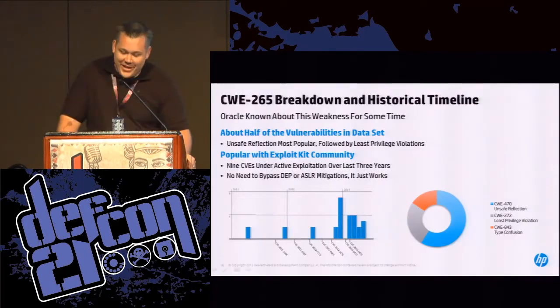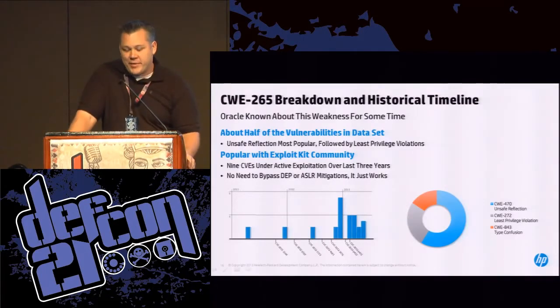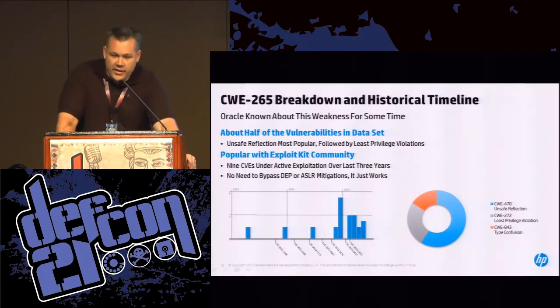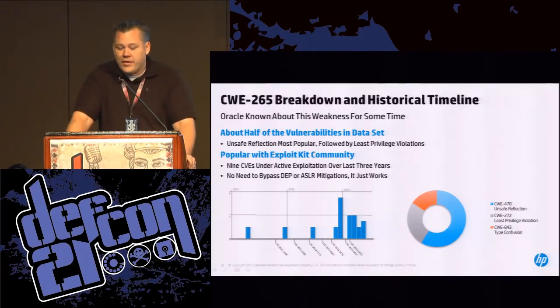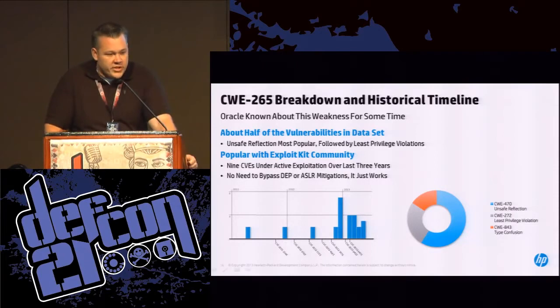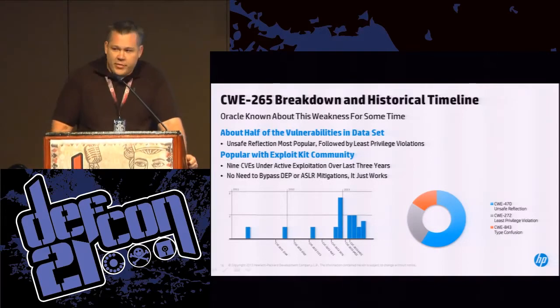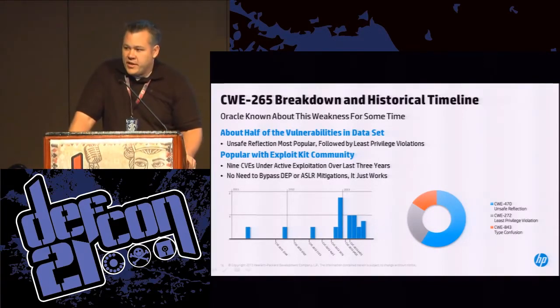All right. So we take a look specifically at the sandbox bypass issue. Those accounted for half of the vulnerabilities in our data set. If you look at the pie chart, you can see that the unsafe reflection vulnerability accounted for half of those, followed by least privilege violation, which accounted for a quarter. The interesting thing about these is they're really popular in the exploit kit community, because you don't have to bypass any OS mitigations, they just work. You don't have to bypass DEP, you don't have to bypass ASLR, they just work every single time.